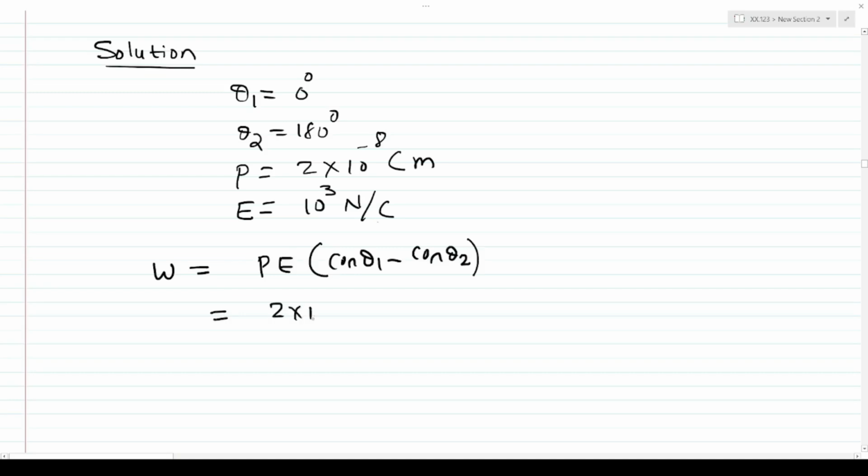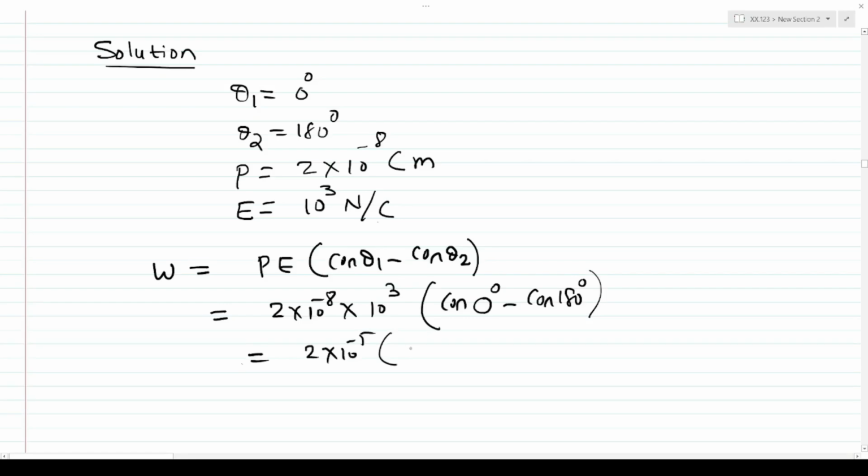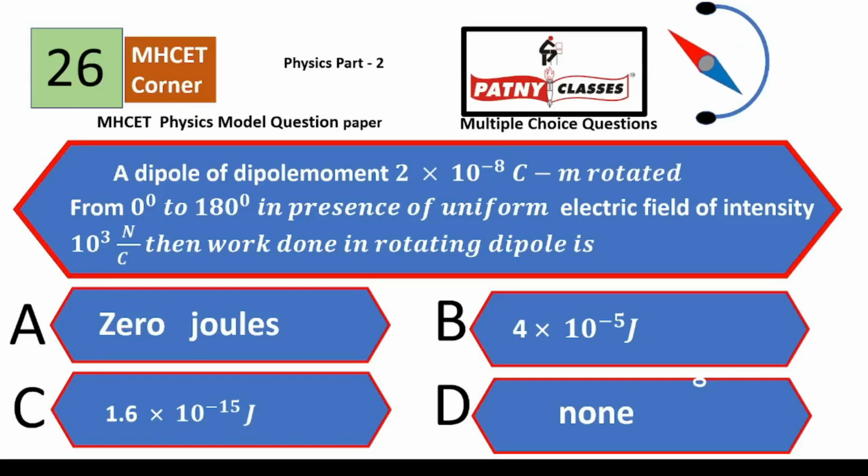So putting these values, this equals 2 into 10 raised to minus 5 into (1 minus (minus 1)), which equals 4 into 10 raised to minus 5 joules. Work done equals 4 into 10 raised to minus 5 joules. Therefore, work done in rotating the given dipole equals 4 into 10 raised to minus 5 joules. Therefore, option B is correct. We lock option B.